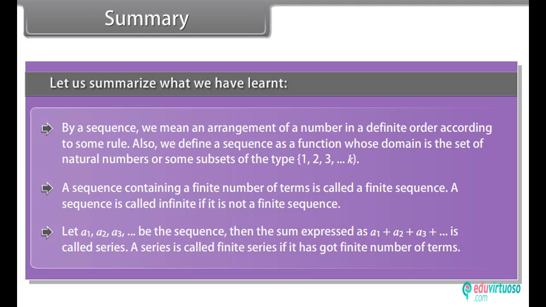Let A1, A2, A3 and so on be a sequence, then the sum expressed as A1 plus A2 plus A3 plus and so on is called a series. A series is called a finite series if it has a finite number of terms.